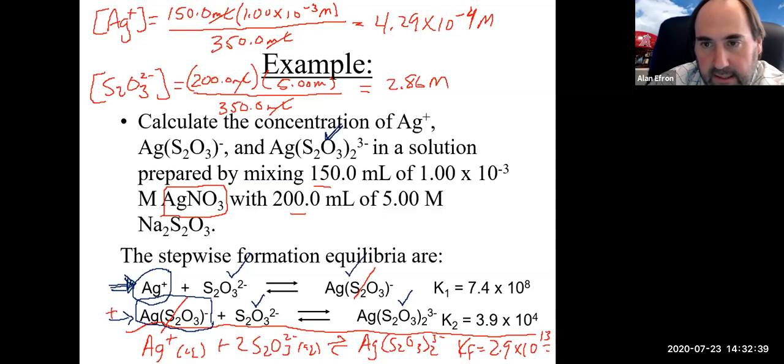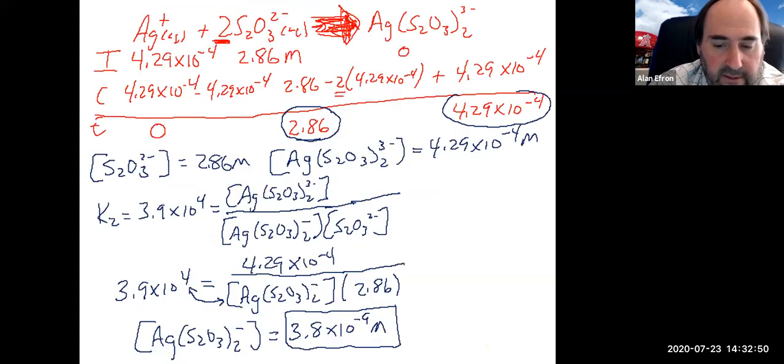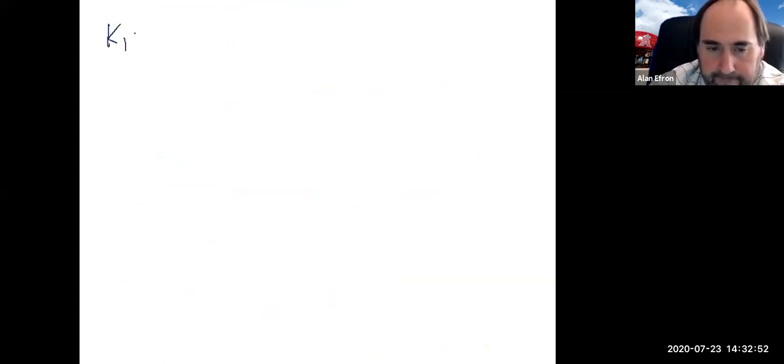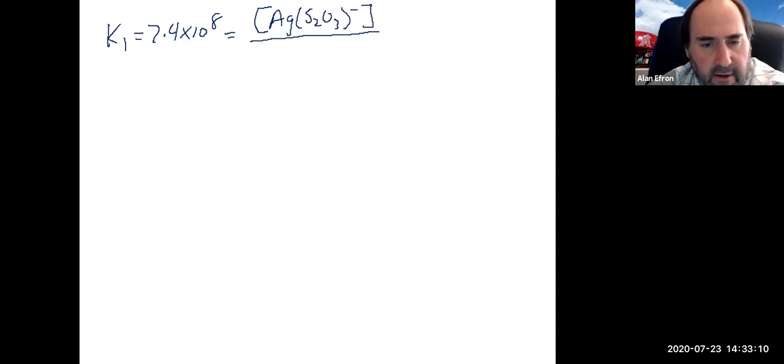So let's take a look at this one here. If we look at K1, and again, from the problem, that's where we got the K1 value, and it is 7.4 times 10 to the 8. And if we write the expression for the first one, it is our products, which is this one, in the first stepwise equation, divided by our silver concentration and this one's concentration.